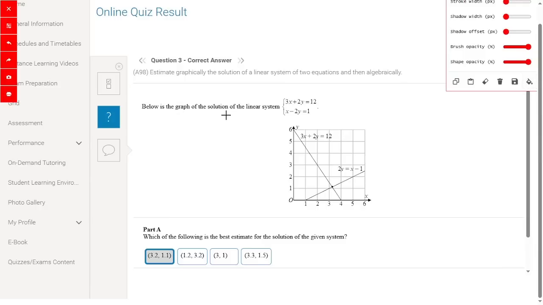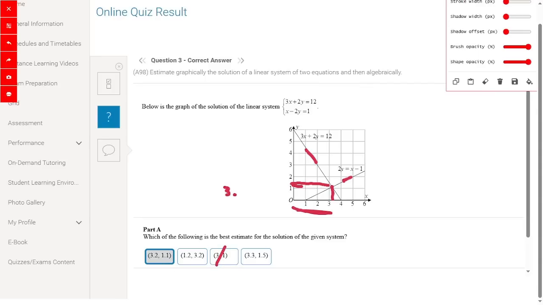Below is the graph with the solution of the linear system. We have 3x plus 2y equals 12 and x minus 2y equals 1. Which of the following is the best estimate for the solution of the given system? Okay, we have the two linear lines here. We have 3x plus 2y equals 12 and 2y equals x minus 1. They are intersecting at this point, and if we check this point, we have x almost 3 point something, so let's check which one.